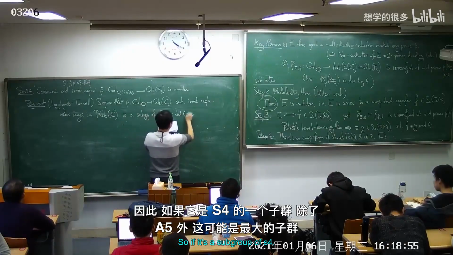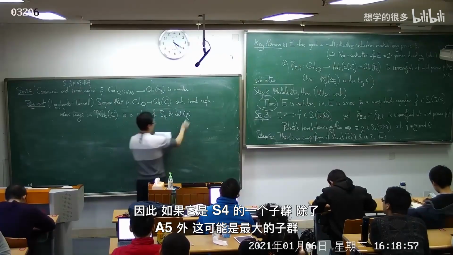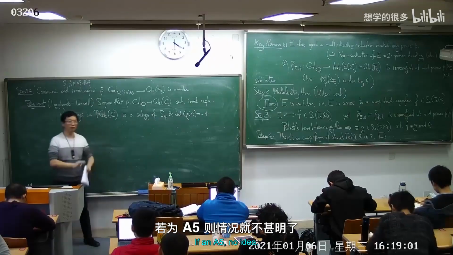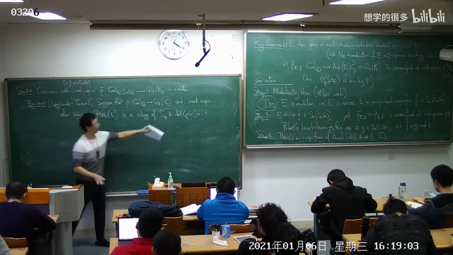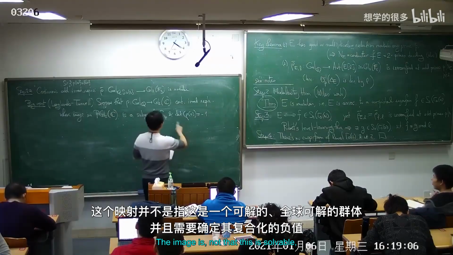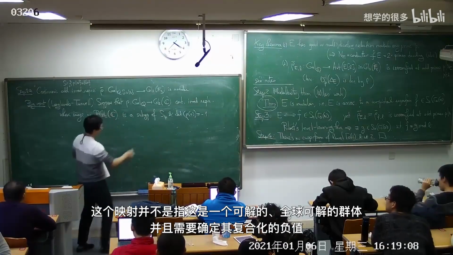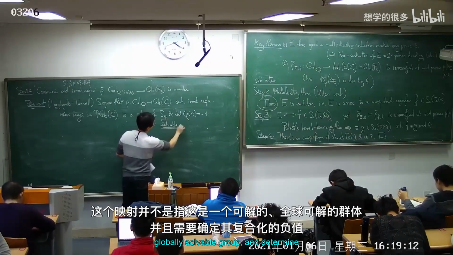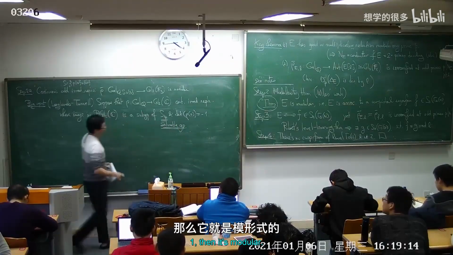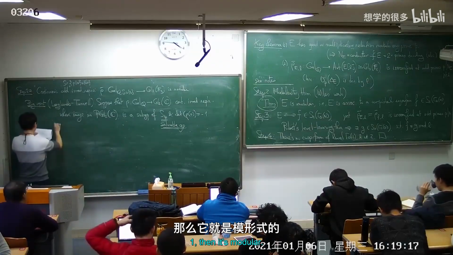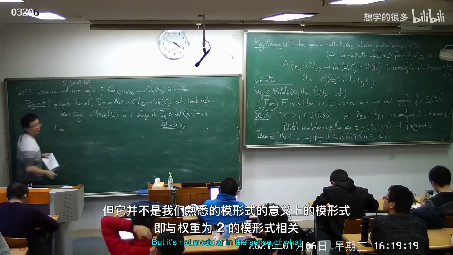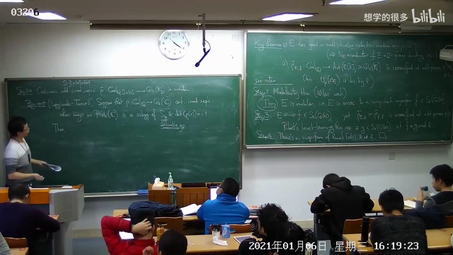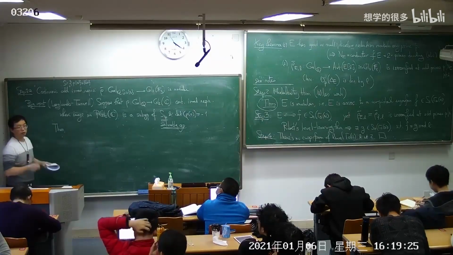So if it's a subgroup of S4, which is probably the largest one except for A5. If it's A5, no idea. But S4, yes. If the image is solvable, a globally solvable group, and the determinant of complex conjugation is -1, then it's modular. But it's not modular in the sense we are familiar with, namely associated to a weight 2 modular form. It's associated to a weight 1 modular form.